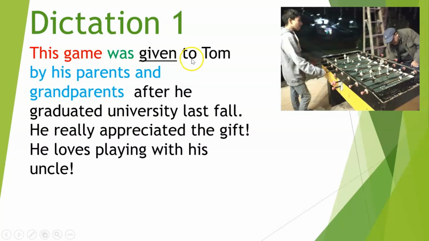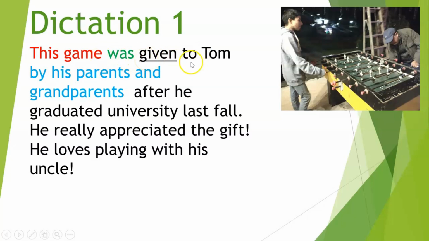And then over here, we've got the object, like we're saying who it was given to. This game was given to Tom by his parents and grandparents. So this is the object of the verb. It's saying this game was given. Who was it given to?